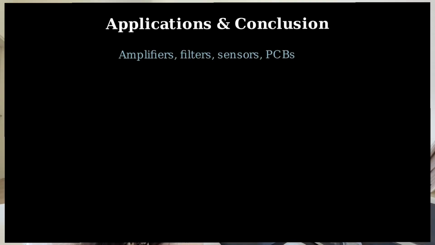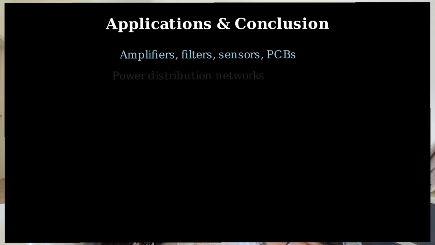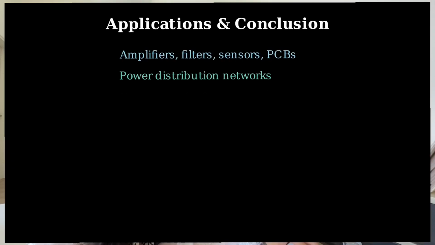This method is used in many engineering applications. In electronic engineering, nodal analysis is used in amplifier circuits, filter circuits, sensor circuits, and printed circuit boards. In power systems, matrix methods are used to estimate voltages and currents in distribution networks. In circuit simulation software, the program converts circuits into equations, builds matrices, and solves them automatically.